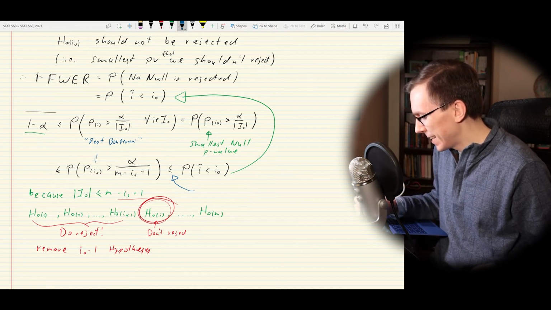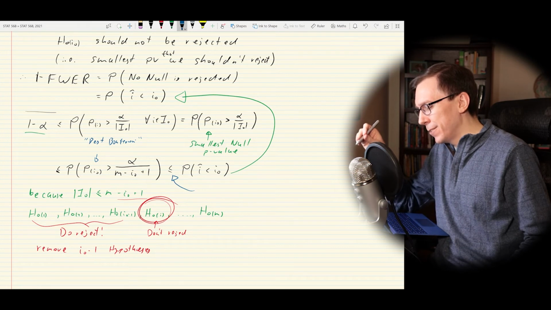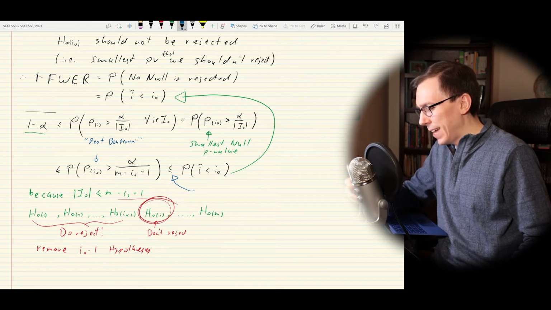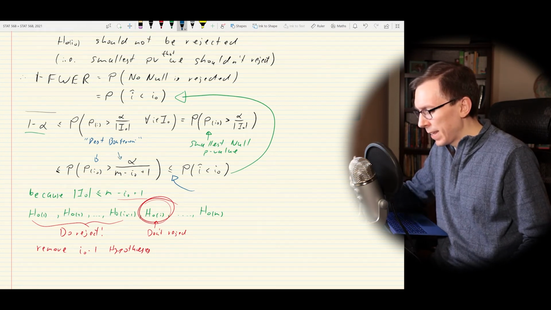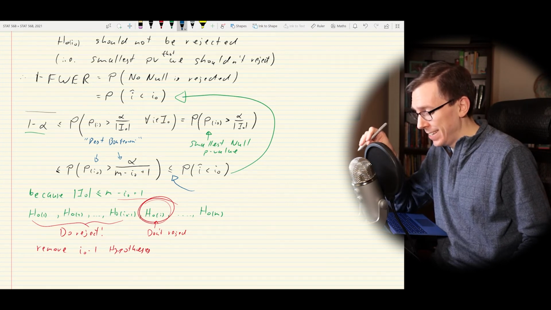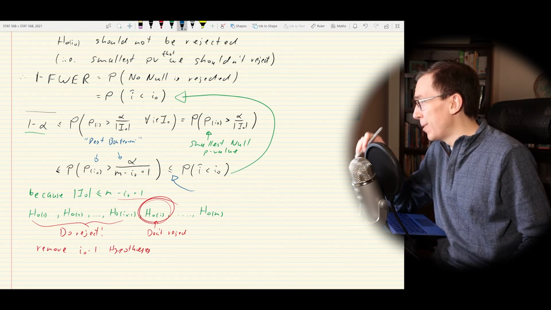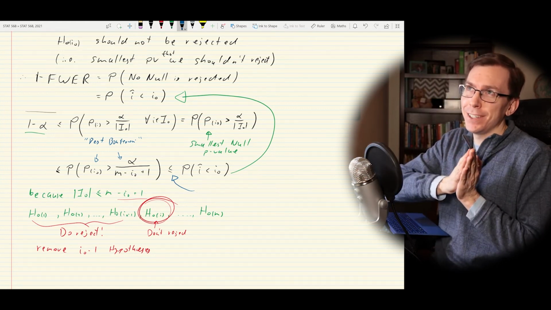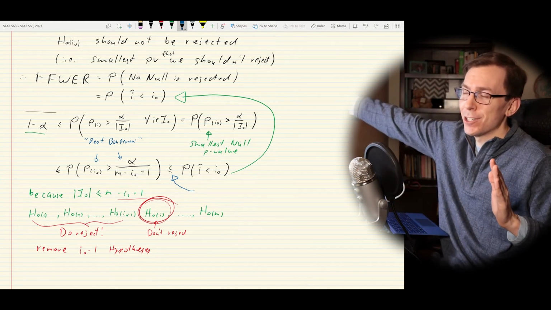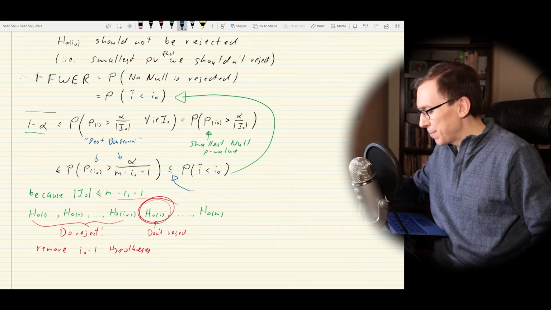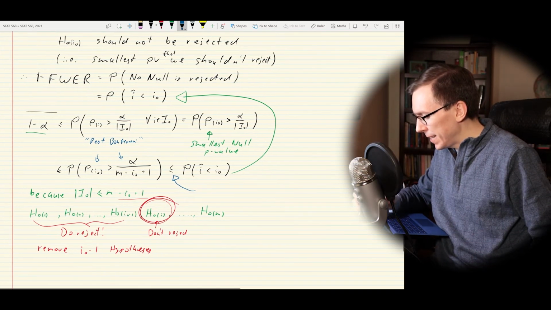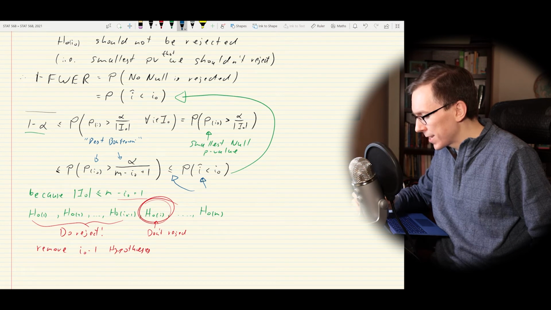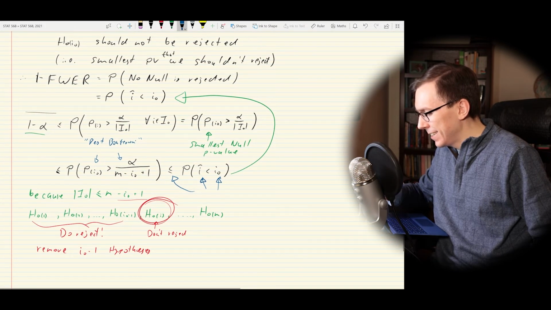Basically, if the p-value for I naught is greater than this threshold here, then it's not rejected by Holm's method, which means that every p-value greater than it is also not rejected by Holm's method, which means that the largest index rejected by Holm's method, I hat, has to be less than I naught.